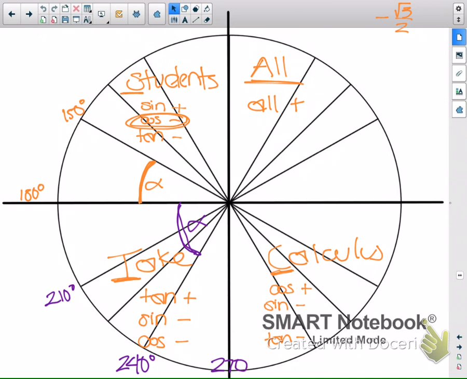So when I'm asked for the tangent at 210, I go to the 30-degree reference angle in my chart, and I ask myself, what is the tangent there? What is it? 1 over square root of 3. Okay, so then the last question I ask myself is, in that quadrant, is tangent positive or negative? Positive. So I leave my answer positive.